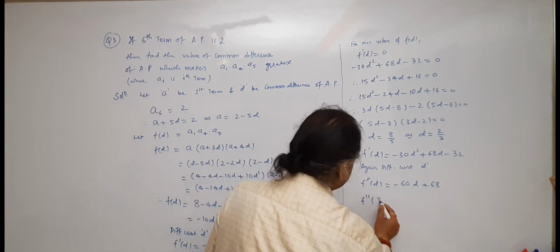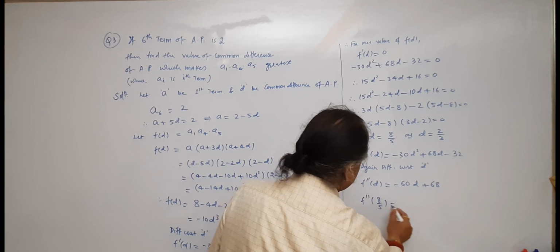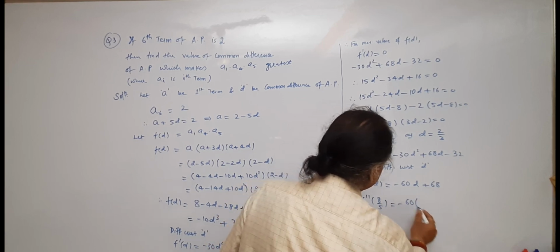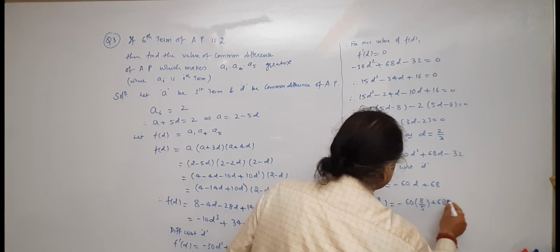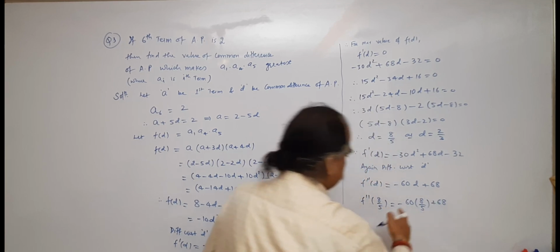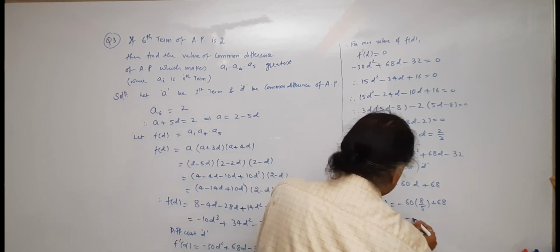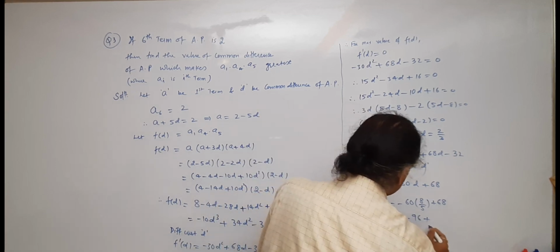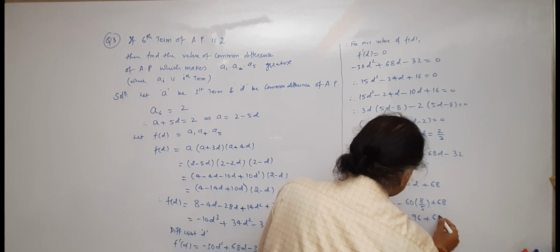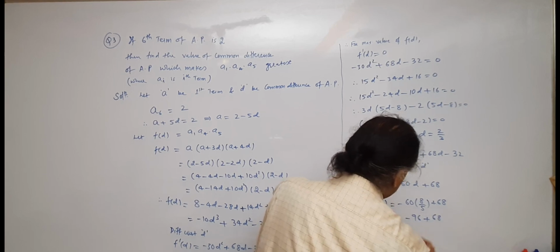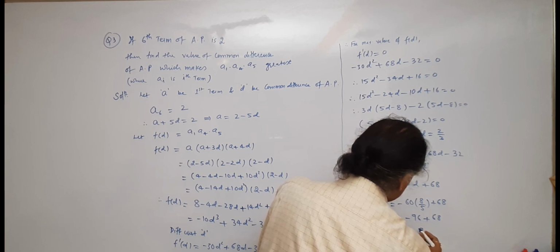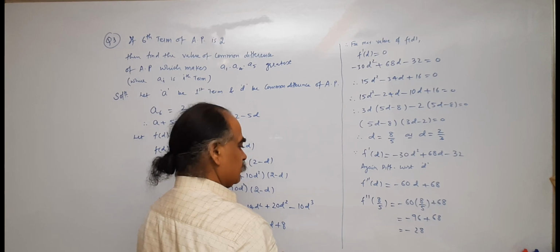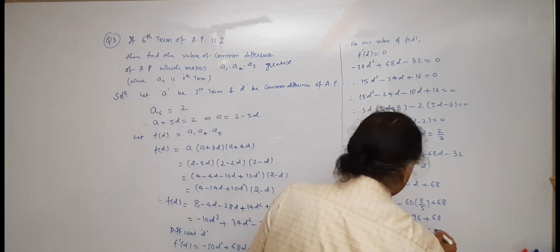F double dash at 8 by 5: minus 60 into 8 by 5 plus 68, minus 96 plus 68, minus 28, less than 0.